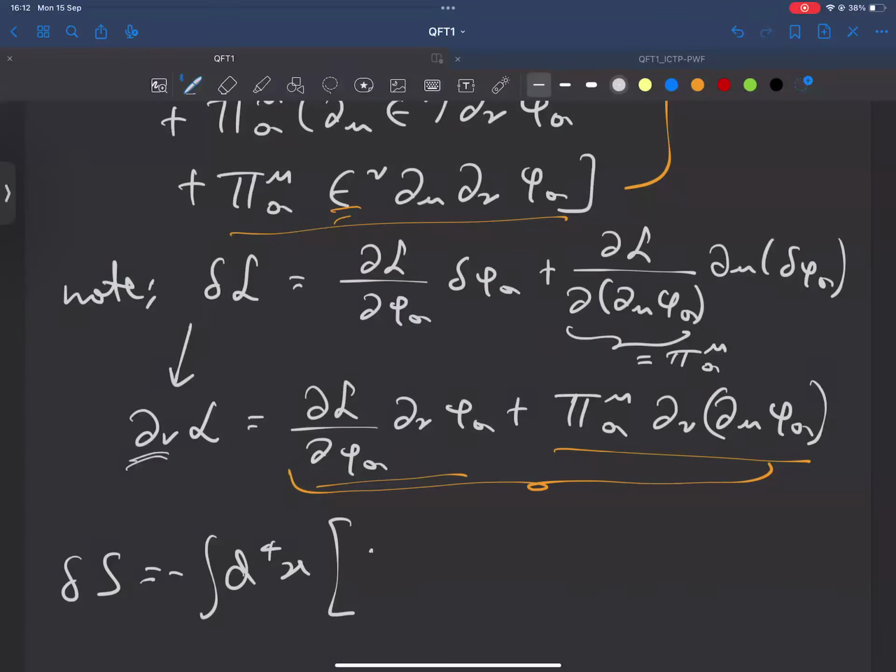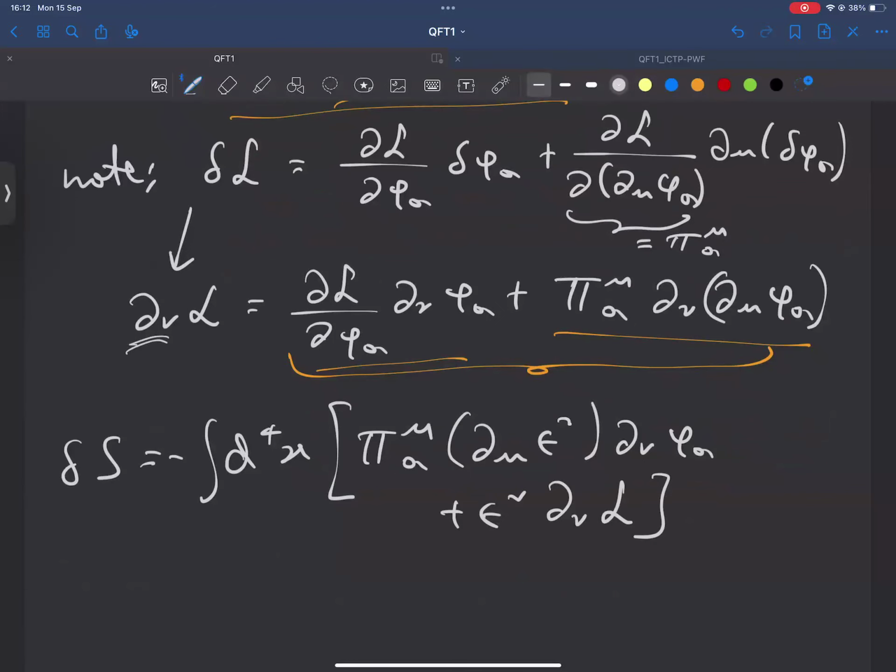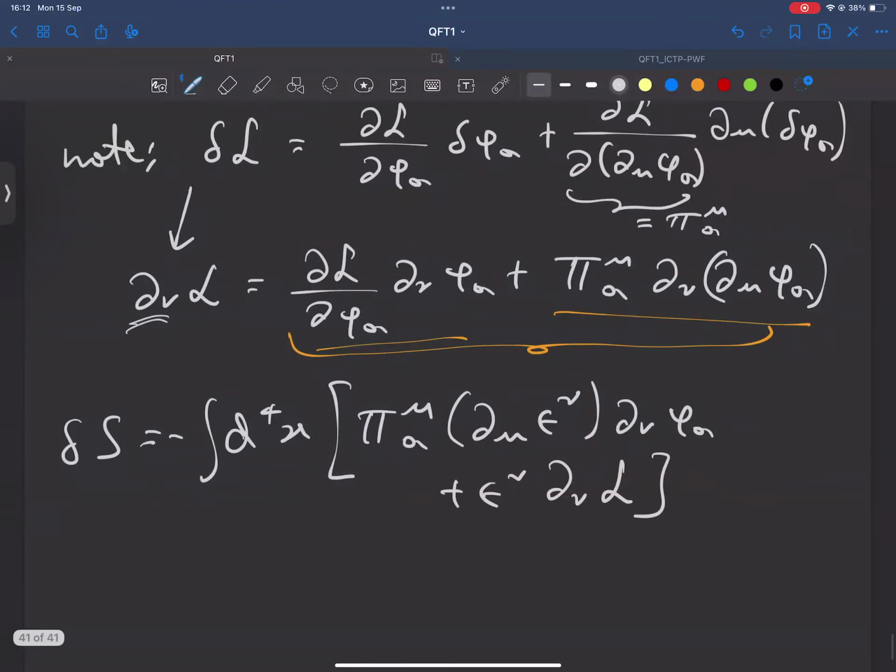So by doing this, we got to this point: the piece which depends on the variation parameter epsilon and the piece which doesn't have any derivatives of it. So you have the derivative part on the epsilon and the non-derivative part.